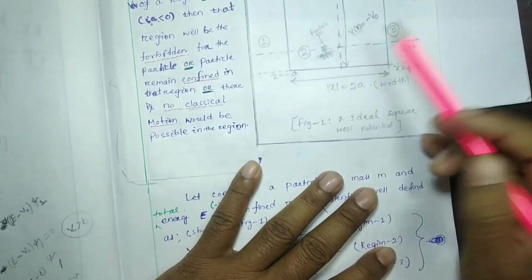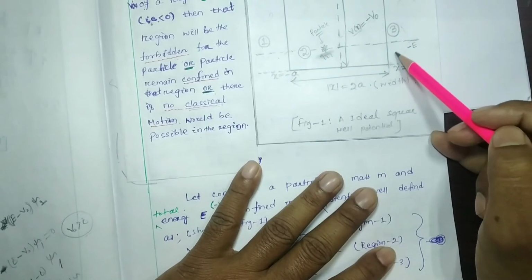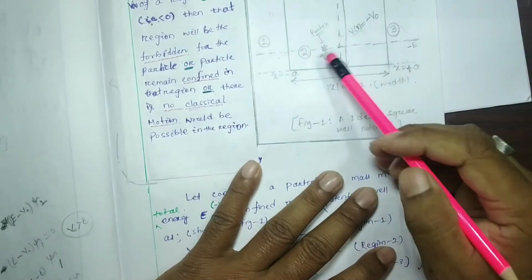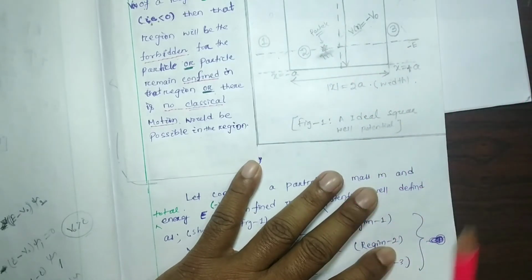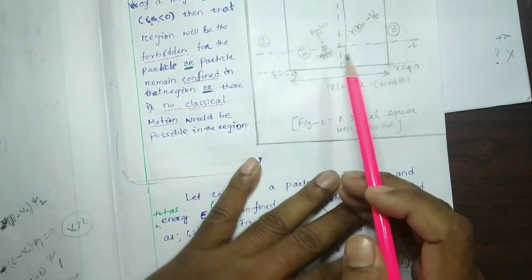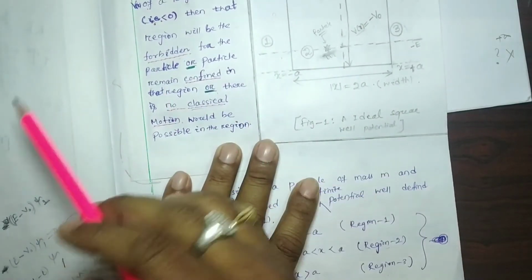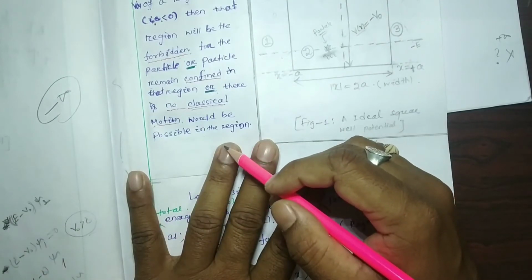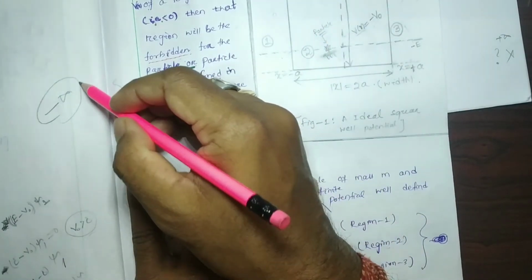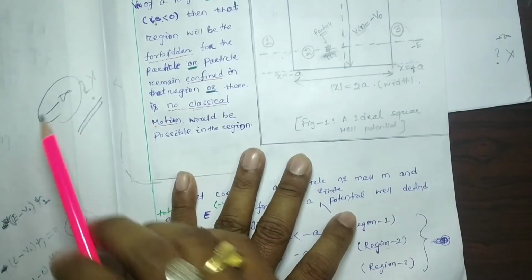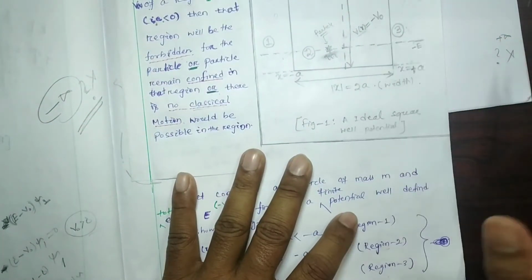Quantum mechanically we can get some particle behavior here and some here, but if someone says that the particle also exists at minus and plus infinity, is that acceptable? Not acceptable. Somebody might say the particle exists at minus infinity. For this problem, is that acceptable? No. At minus infinity and plus infinity, the particle could not exist.